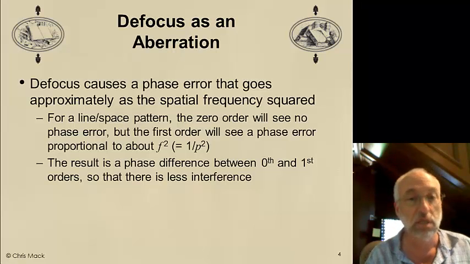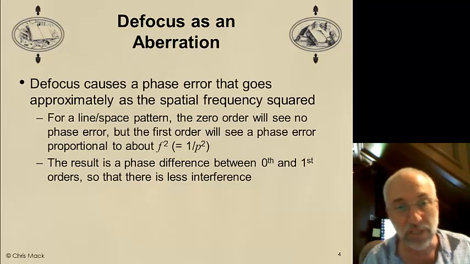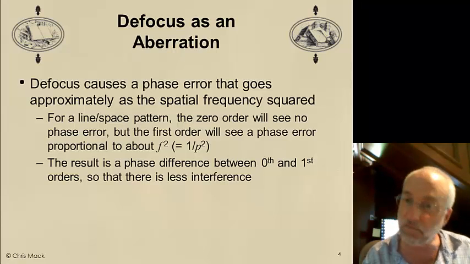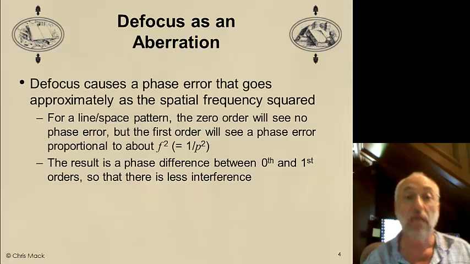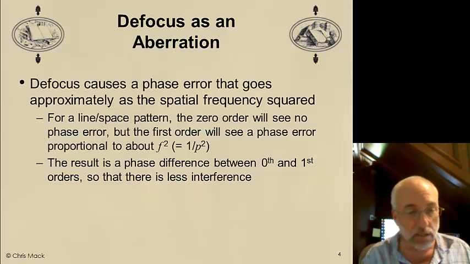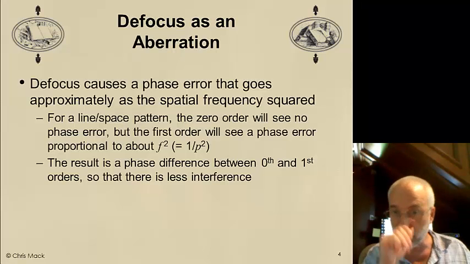The result is a phase difference between the 0 and the first orders. 0 order sees no phase error due to defocus. The first order does. Therefore, there's a phase difference between 0 and first order. The result is less interference. Remember, when the beams are in phase, I'll get complete interference between them.